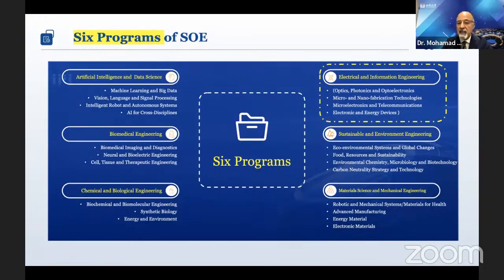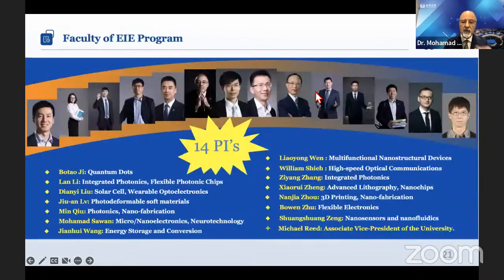Then sustainable and environment engineering. And the last one is material science and mechanical engineering. So as you can see, we are not really copy and paste from other universities. We have our own program, our own school to deal with hot topics at the international level and with priority. So this is where we are.